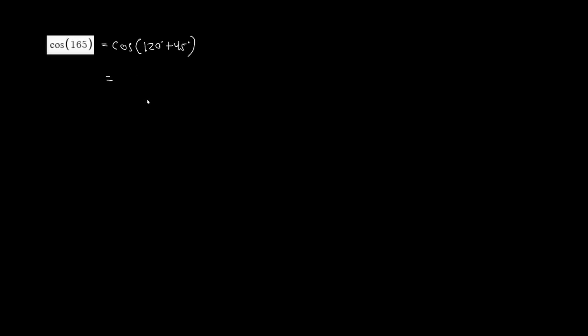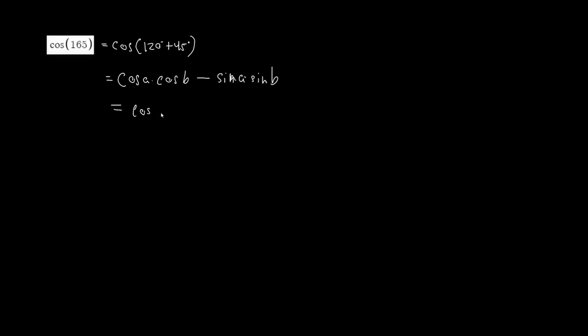Since the given is a cosine function, we're going to use cosine A times cosine B, and since it is addition, we're going to subtract, minus sine A times sine B. So again, your A is on the left side, B is on the right side.